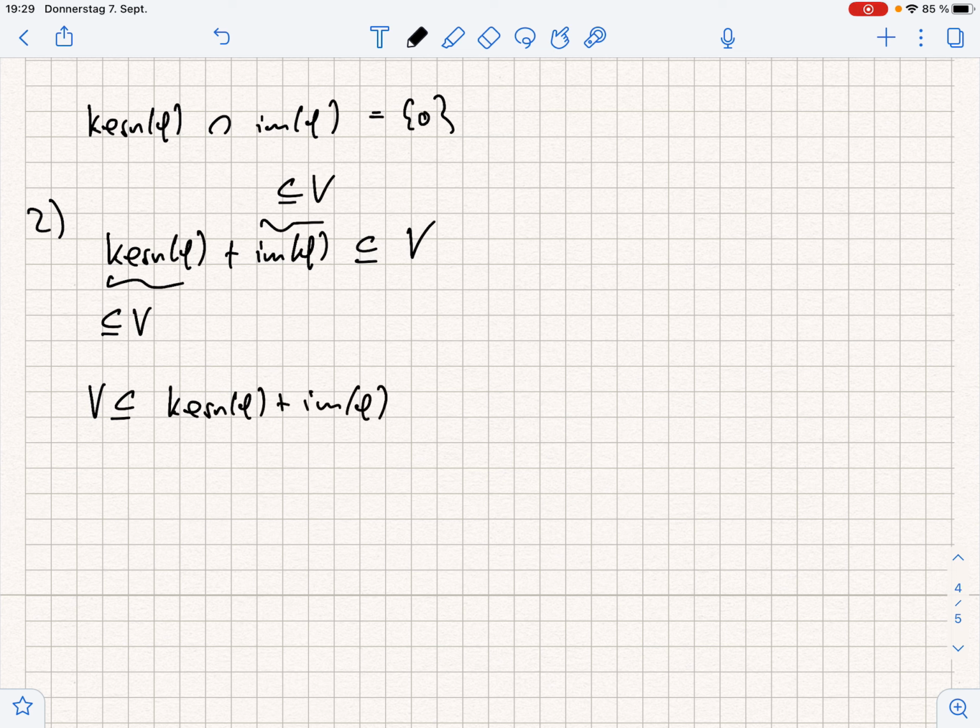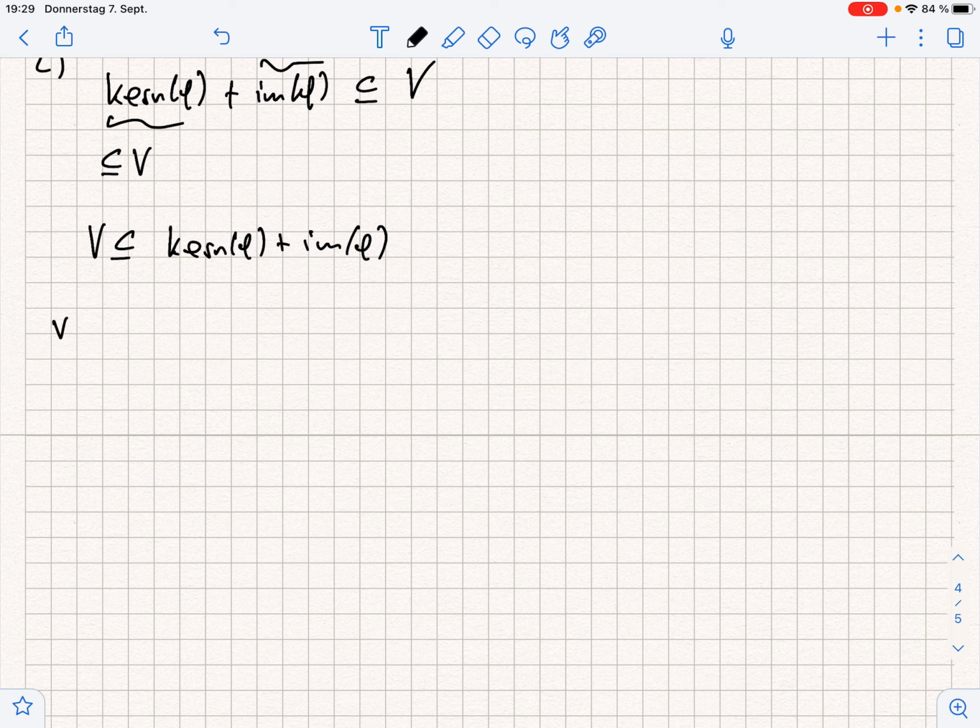But what we can do is consider a v in vector space V, and we can rewrite this as v minus phi of v plus phi of v, okay? And we'll just define this as x and this as y.